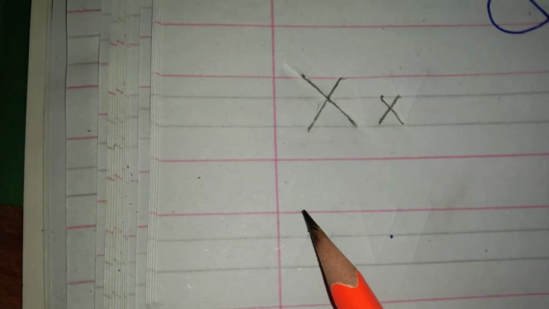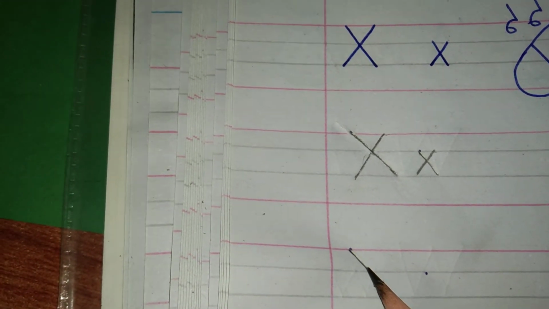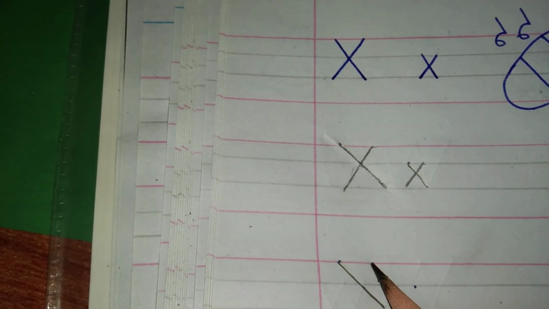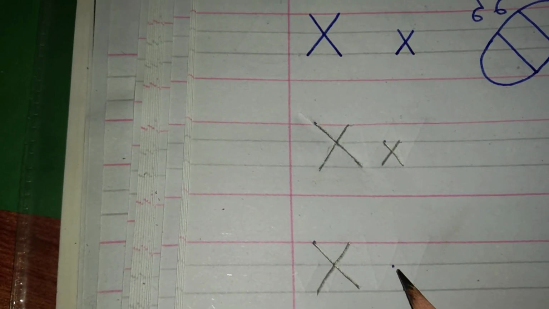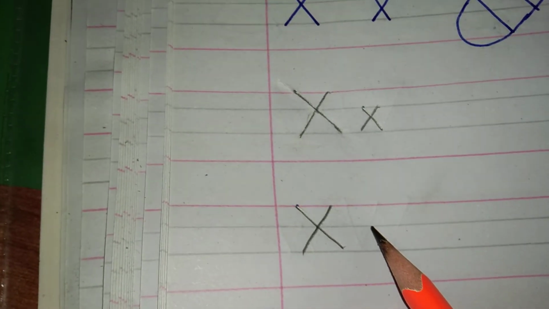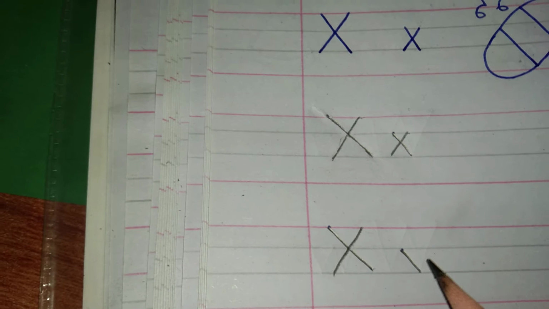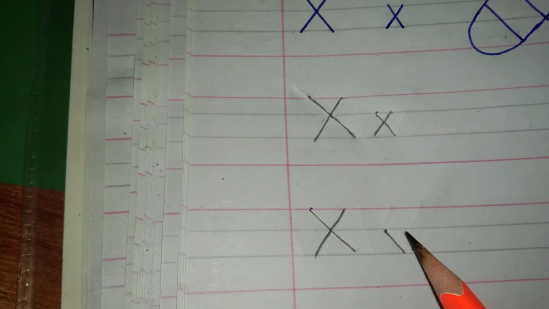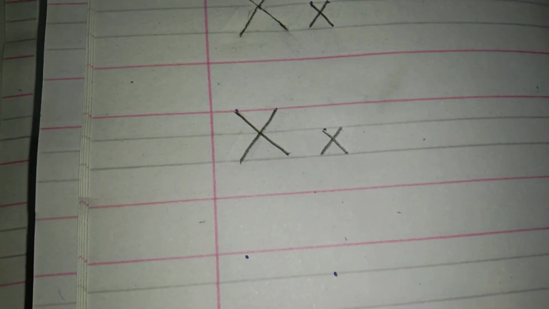Okay, again start from the top, make a slanting line down to the right, go to the top again and make another slanting line down to the left. Now small x: start from the middle, make a slanting line down to the right, go back to the middle and make another slanting line down to the left like this.